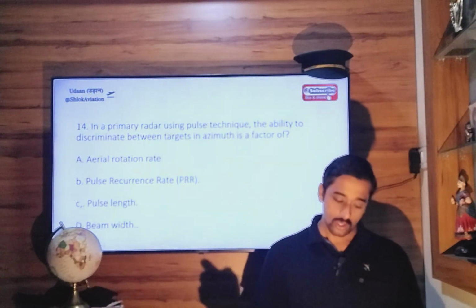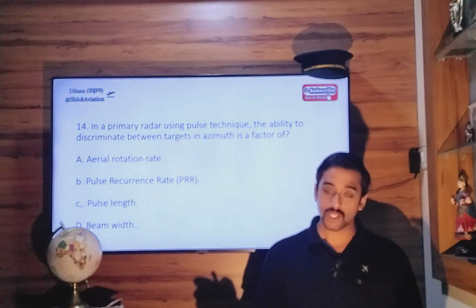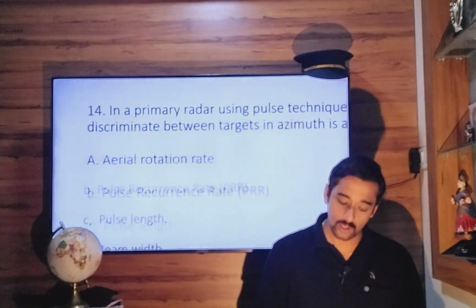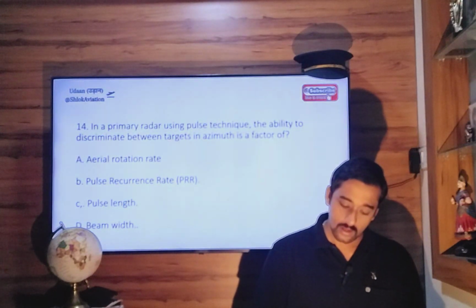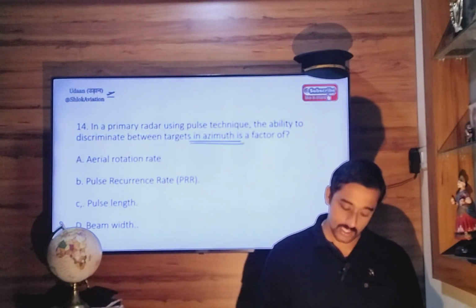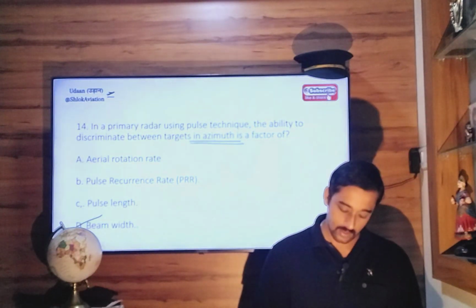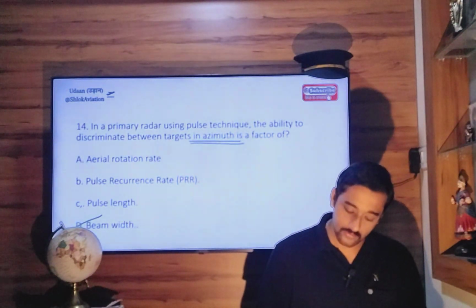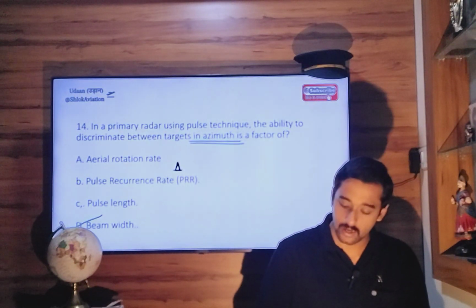Next, question 14. In a primary radar using pulse technique, the ability to discriminate between targets in azimuth is a factor of what? So that is pulse beam width. Now what is azimuth discrimination? Let's say this is your transmitter on the ground and here are your aircraft.